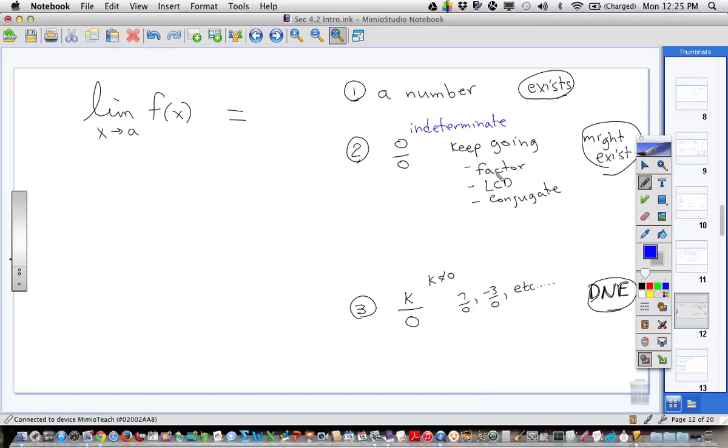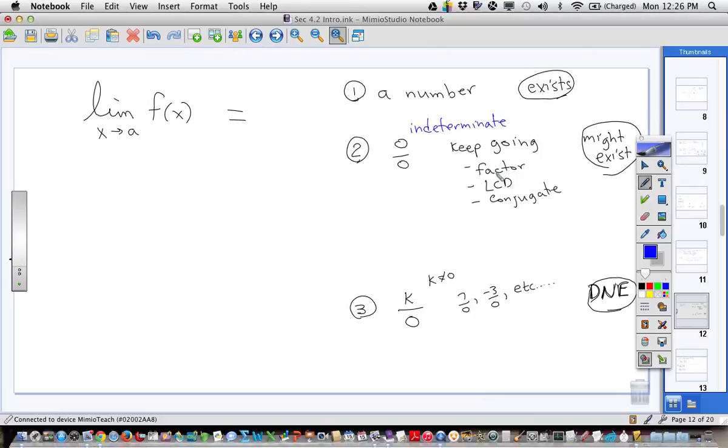We found common denominators. We did the conjugate method. Remember that stuff? That is hardly going to be a part at all of the quiz. Maybe some factoring. But this is not going to be like the last quiz where we had to do that algebra and common denominator stuff. We're not going to worry so much about that. The bottom line is if you get 0 over 0, you have to keep going. The limit might exist.